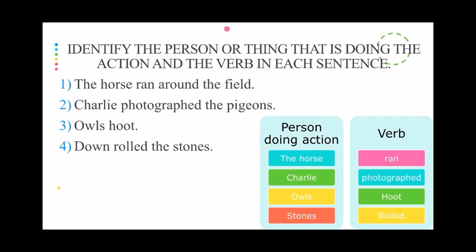Now in the last sentence you will see that the subject comes last. Stones. The stones is the subject and it is coming at the end of the sentence. So this means that the subject does not always come at the beginning of a sentence. The subject can come at the beginning also and it can come in the end also.